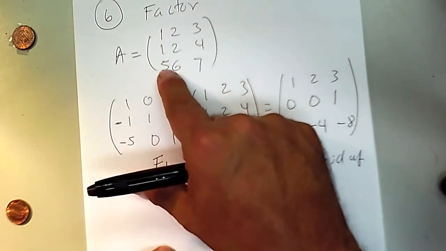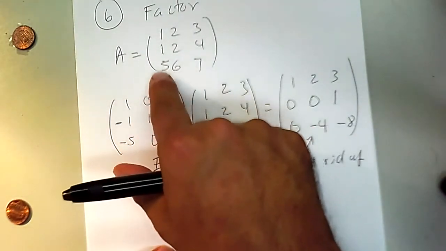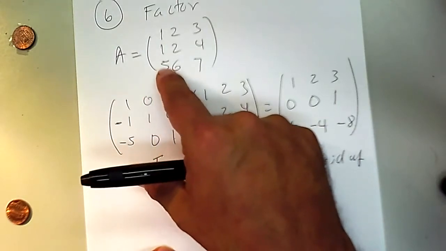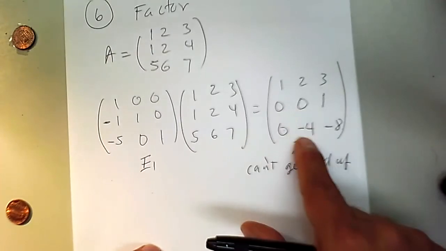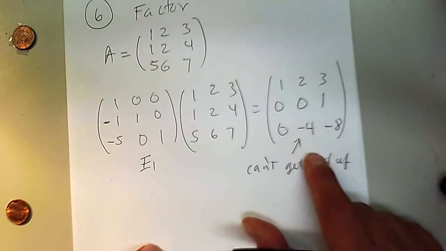How many of them? 5 negative ones, and that annihilated this guy. It killed this guy. By annihilating, we mean we turned that into 0. But we can throw zeros to something, and that's not going to matter.